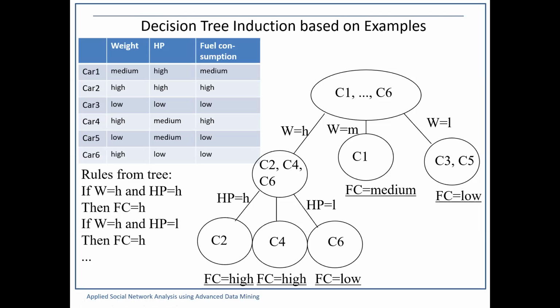So one message here is, in order to build a tree, we need categorical data for the independent variables.